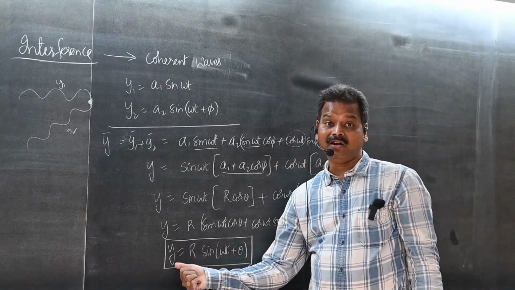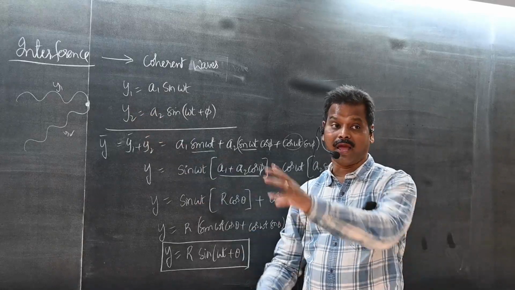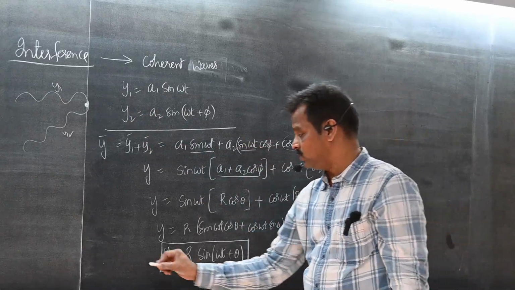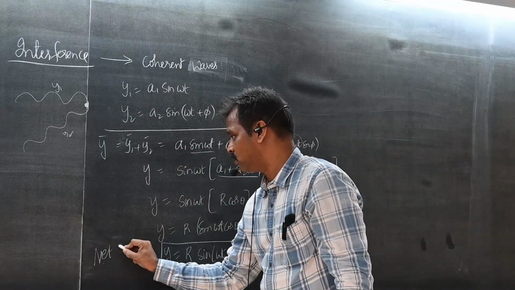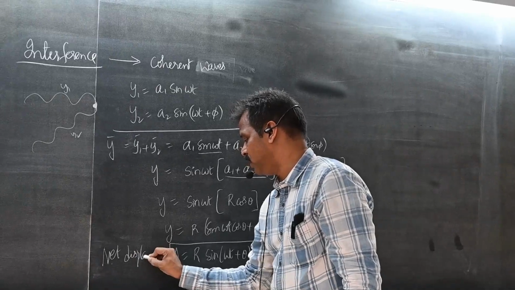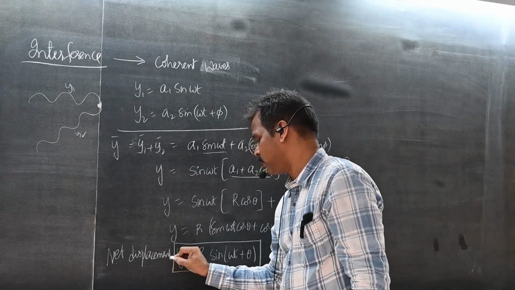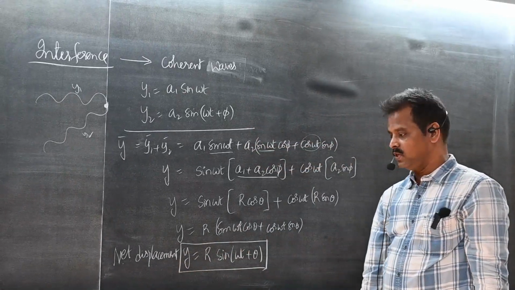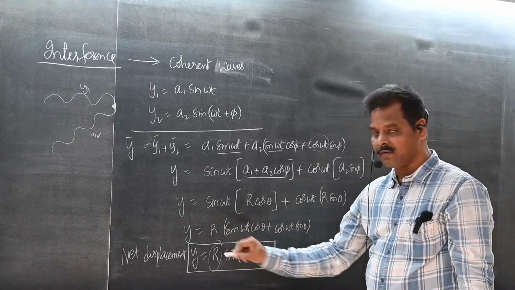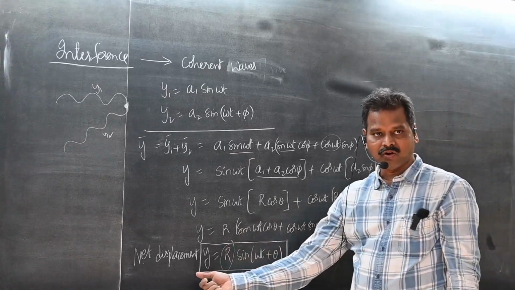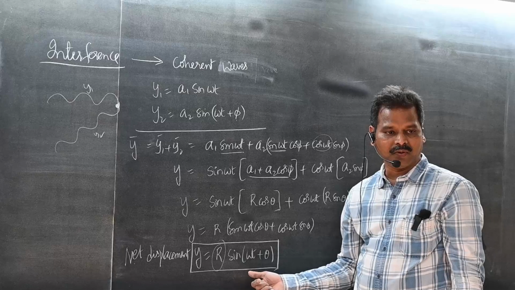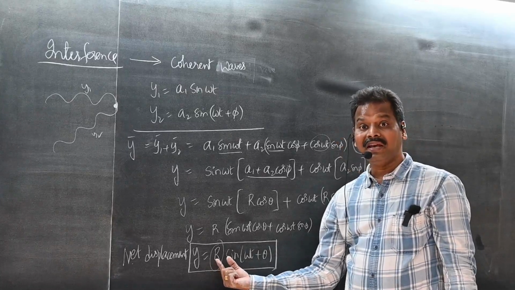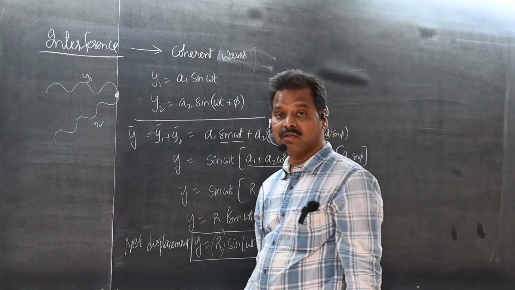This is the net displacement of the particle under the action of two waves. Net displacement. Here, what is this R? See the equation: y is equal to A sin omega t plus theta. It is the resultant amplitude.